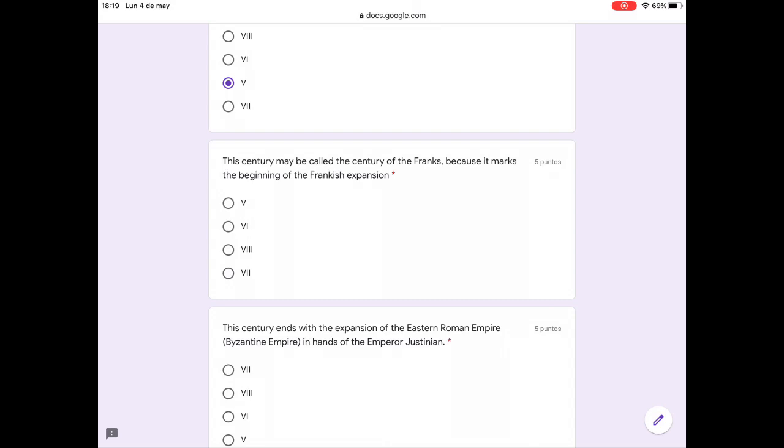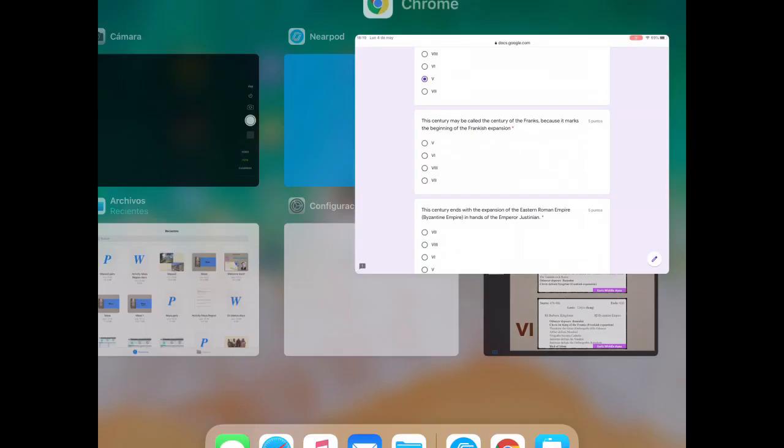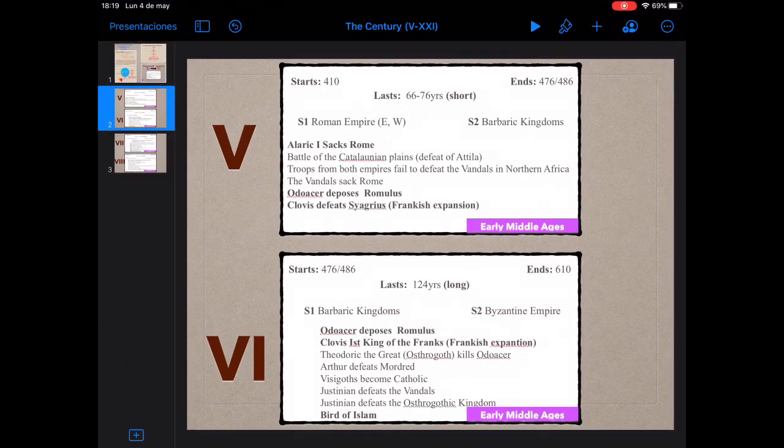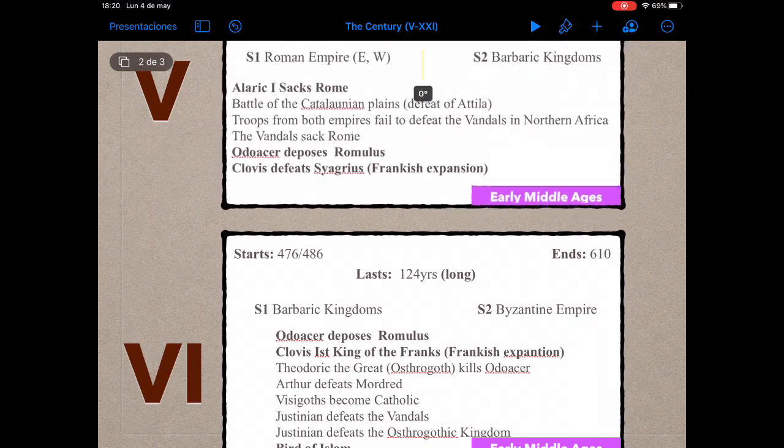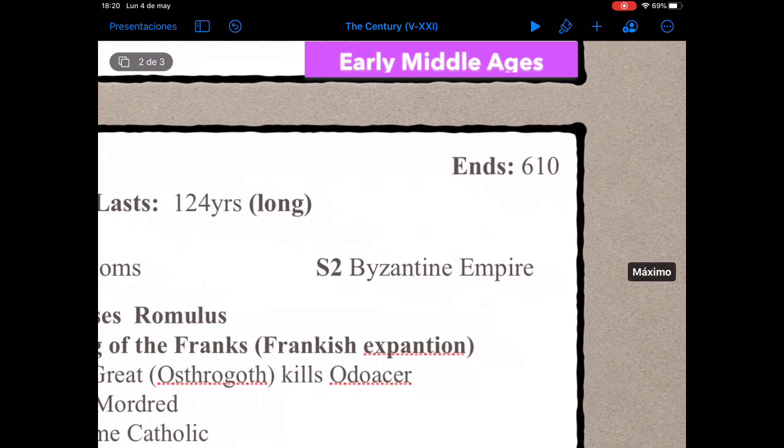Then this century may be called the century of the Franks because it marks the beginning of the Frankish expansion. So the beginning of the Frankish expansion, over here you have it as the beginning, because in the 5th century it is as the end, and I told you to be really careful on seeing if I was asking you the beginning or the end.